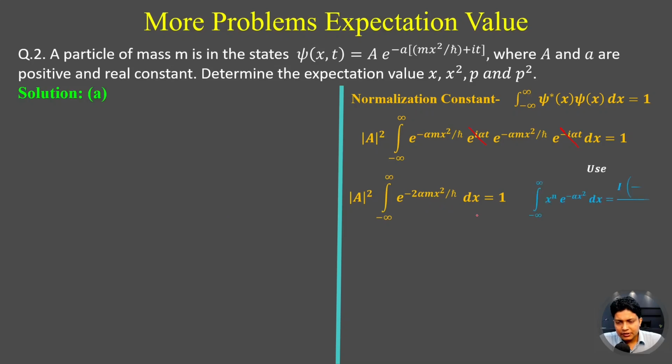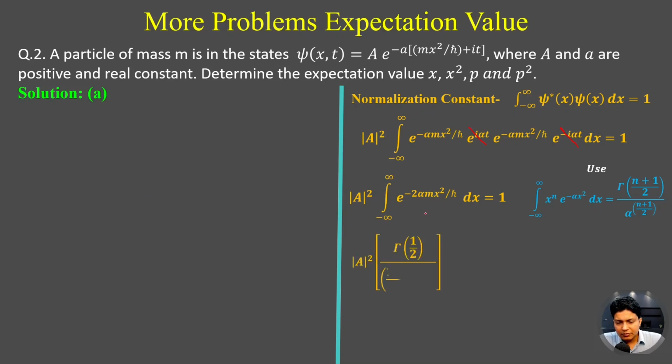Now if we use this integral, minus infinity to plus infinity x power n e to the power minus alpha x square dx, this integral will be gamma function (n plus 1) by 2 upon alpha to the power (n plus 1) by 2. So here in this integral, x power n, n will be equal to 0.